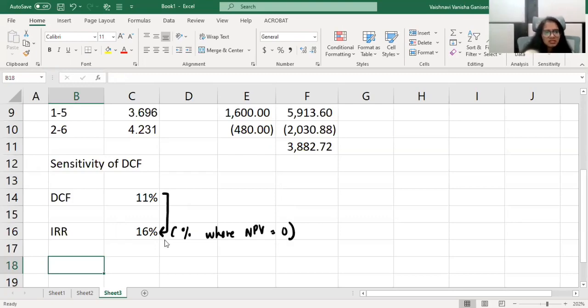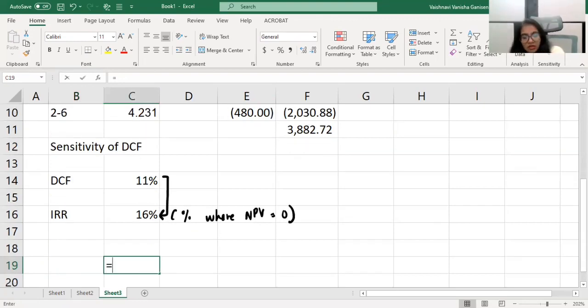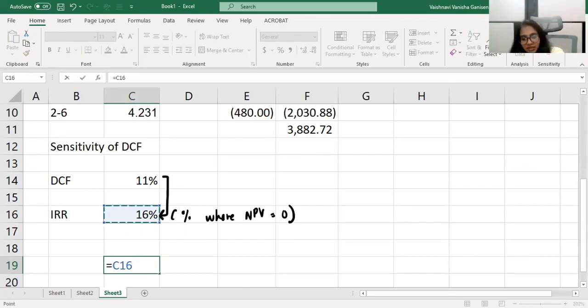So what is this percentage of change? Your discount factor has to increase to your IRR before it becomes zero.